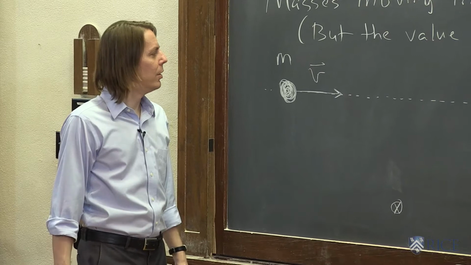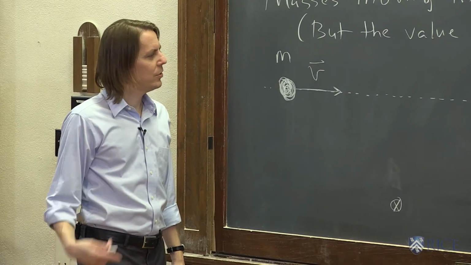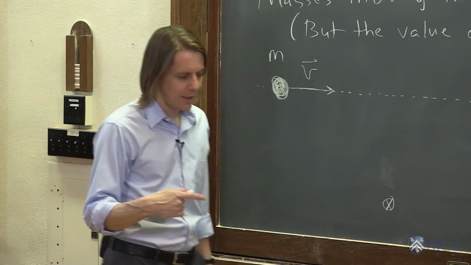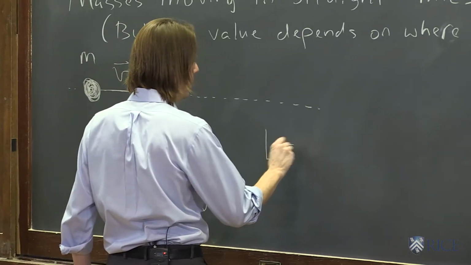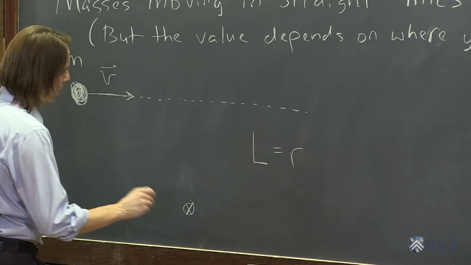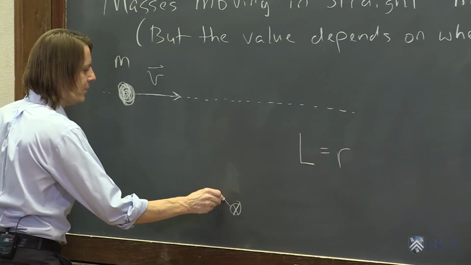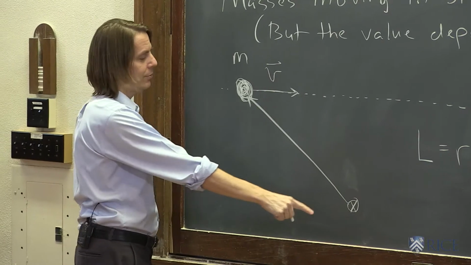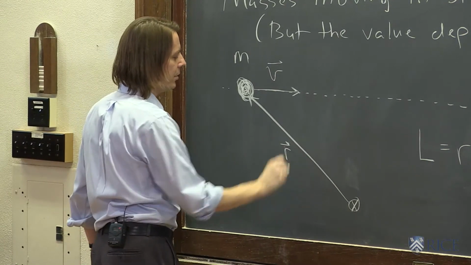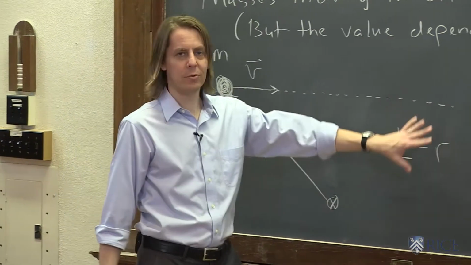Okay. Well, how do we calculate that? We actually need to use another formula for angular momentum. In this case, L is r, where r is from the axis to the mass. So you think of the axis as the origin, and if we drew this as a vector, that's the r vector. But in this case, we're just using the magnitudes of the vectors.